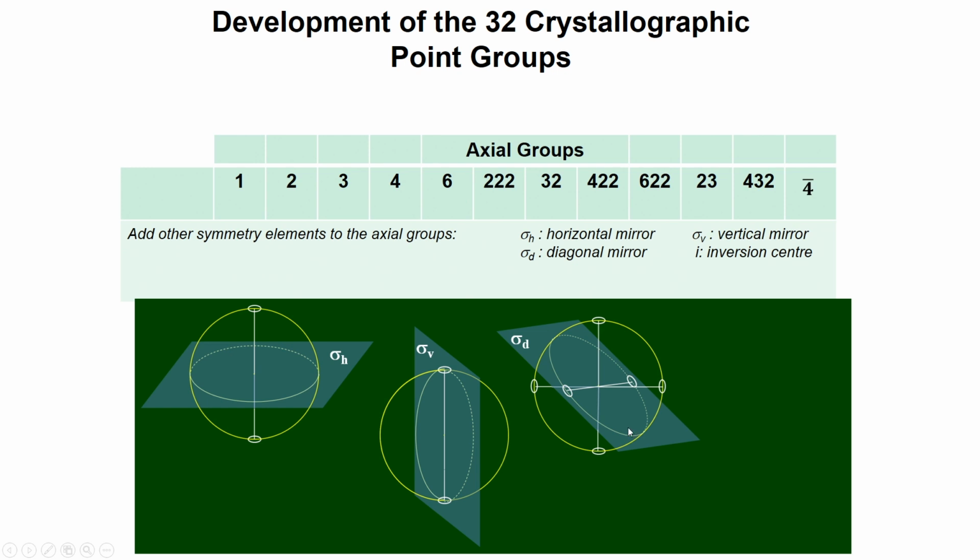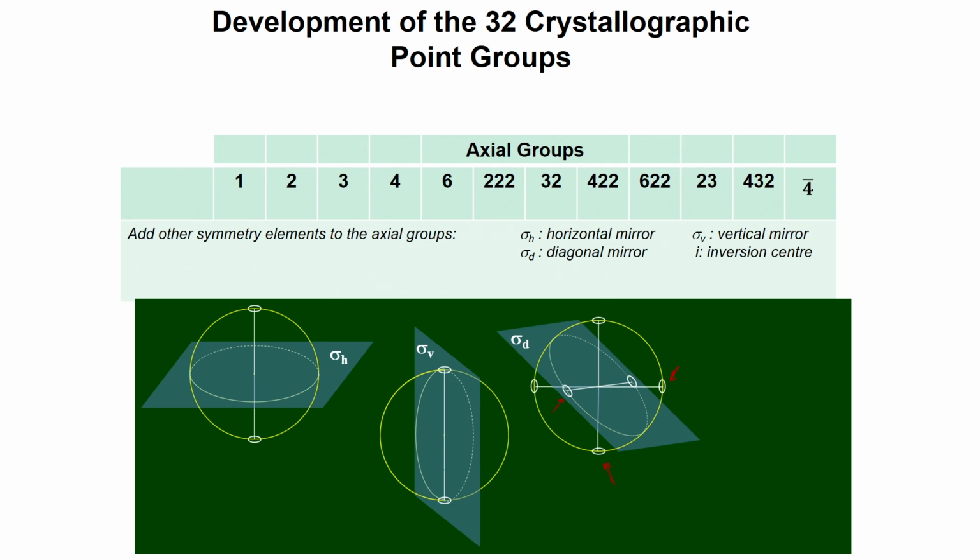So, now this is a diagonal mirror where this mirror is essentially bisecting two of the twofold axes, and one of the twofold axes is contained in the mirror. So, it is basically in between this axis and this axis, while it is containing this axis. So, the diagonal mirror is basically between two axes.